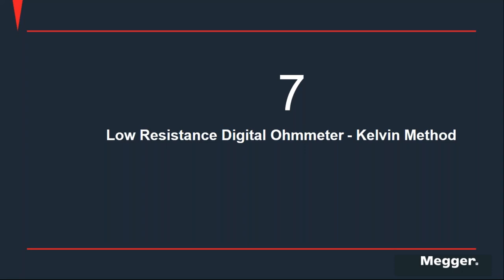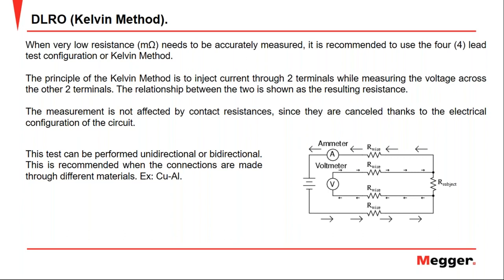Let's talk now about the Kelvin method. When we're talking about very small resistance measurements, we can't use the continuity measurement method. We must use a much more precise method to be able to perform the test. For these cases, the Kelvin method, also called the 4-wire method, is used.